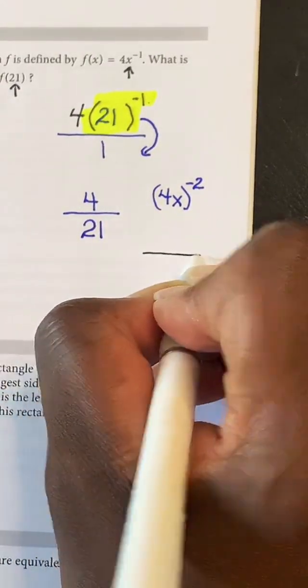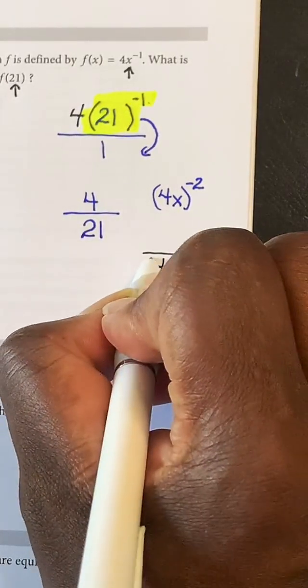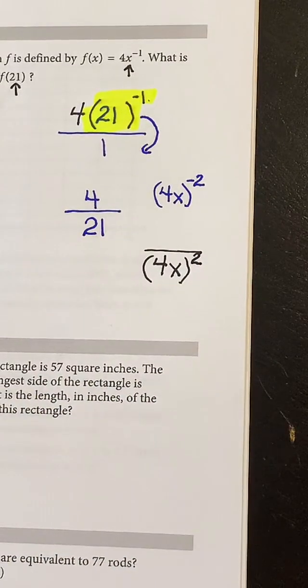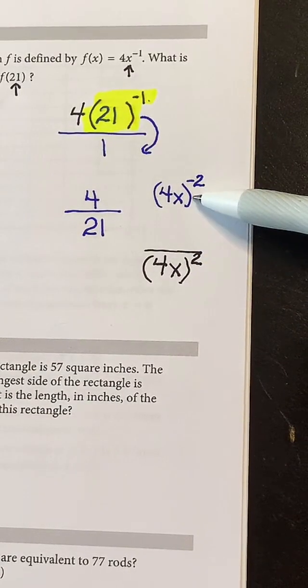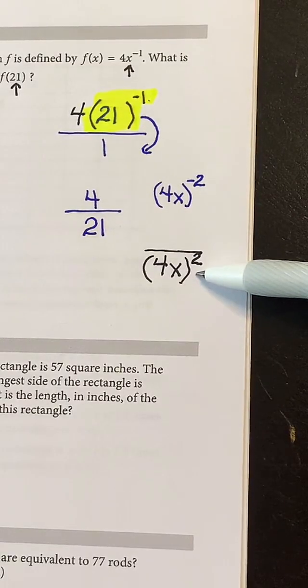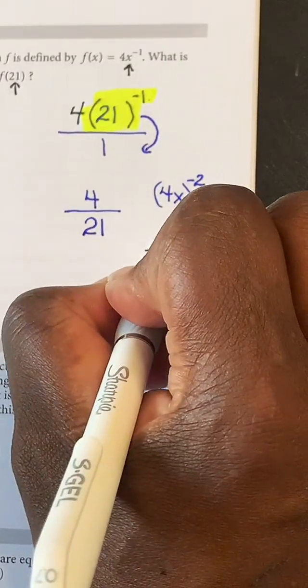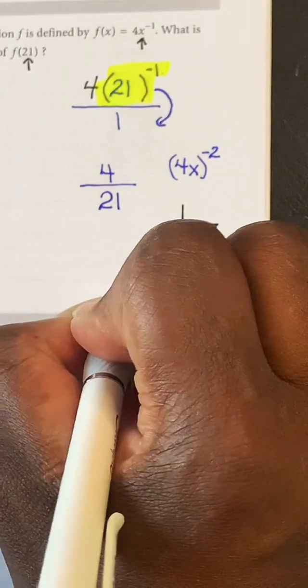So when it does drop, it's actually being raised to the second power. But something needs to be left up top. So if everything, like in this case, everything had to drop down in the denominator, what's left up top is 1. So this goes back to the rules of exponents.